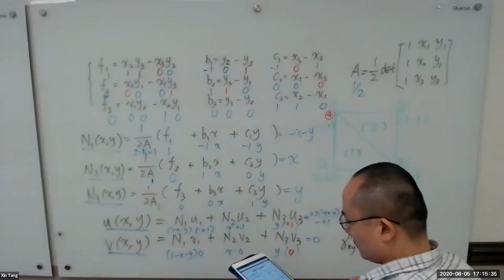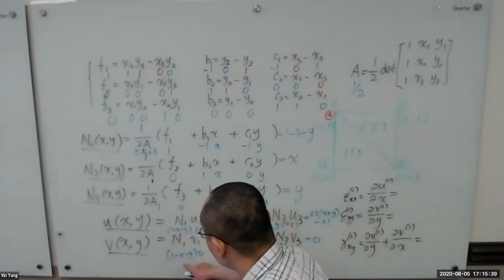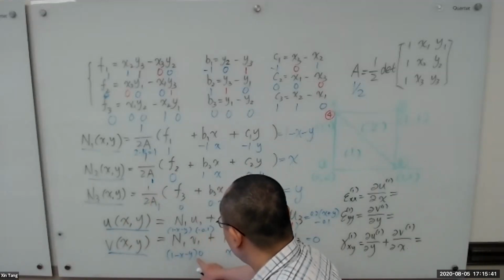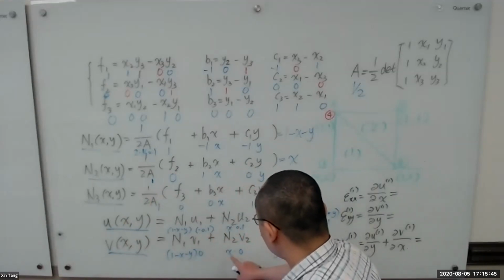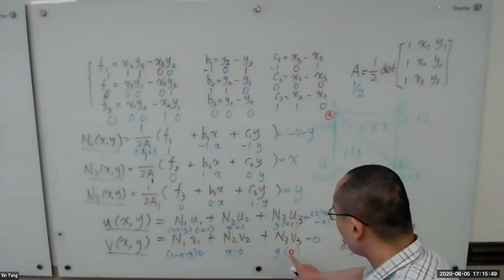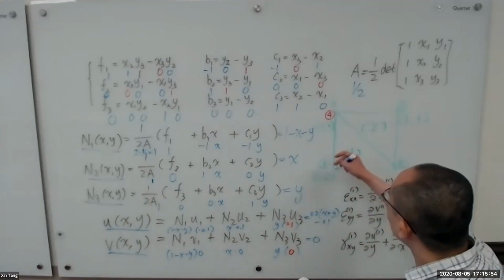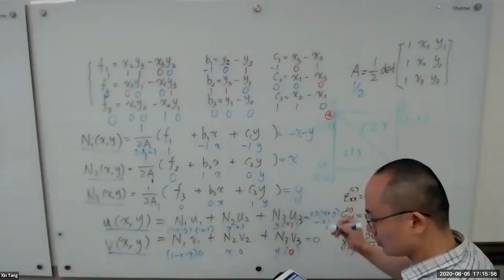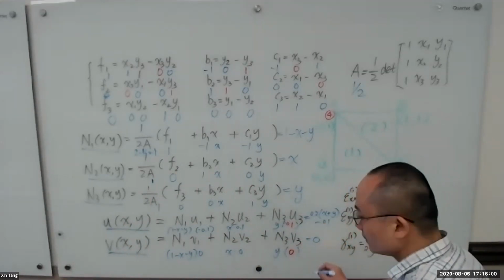v equals N1, the same shape function, times V1 equals 0. N2 times V2 equals 0. N3 is y times V3, which is the v displacement for node 4, equals 0. It's given here. So overall, this equals 0.